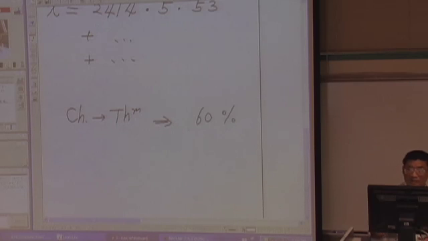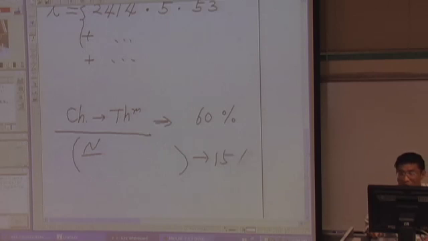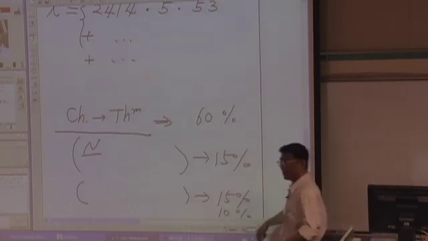And then for the appropriate setup, like n over something, I may give 15%. And for the calculation, I may give 15%. And for the correct solution, 10%. This could be the breakup of the points.